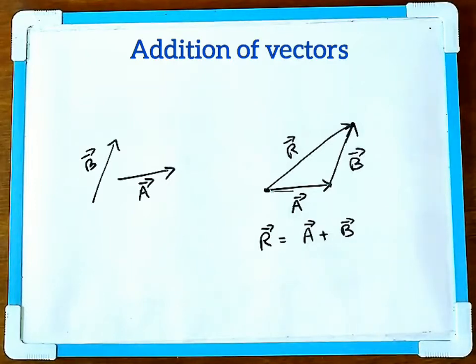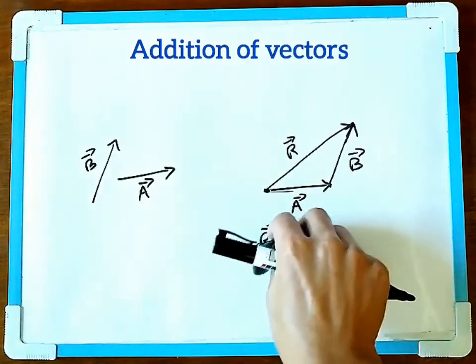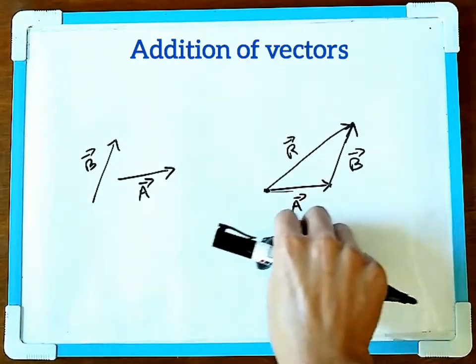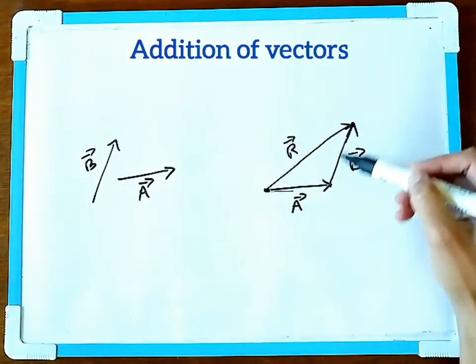Now what about subtraction of two vectors? Suppose we have again two vectors A and B. If I want to subtract vector B from vector A, then what I'll do is I'll draw another vector which is opposite to that of B. So your vector B is in this direction.